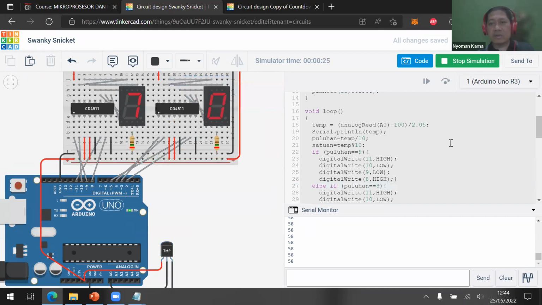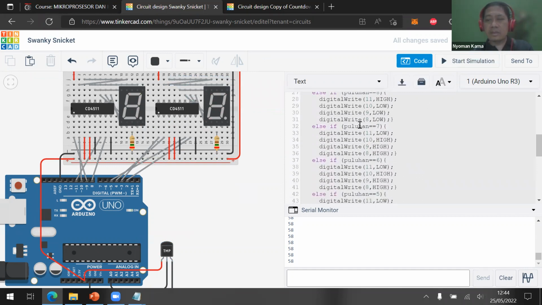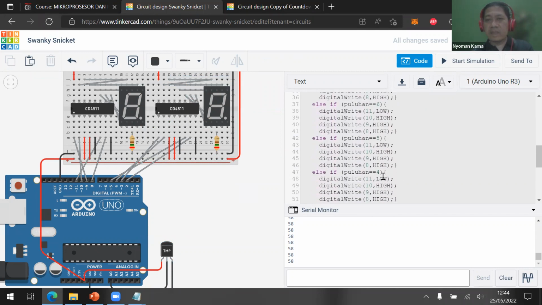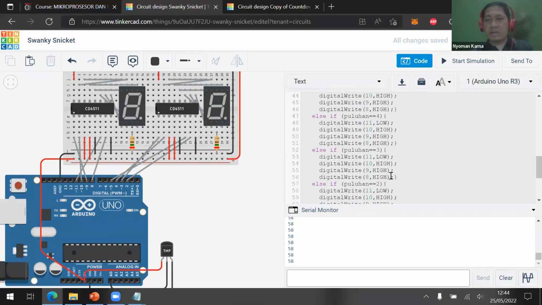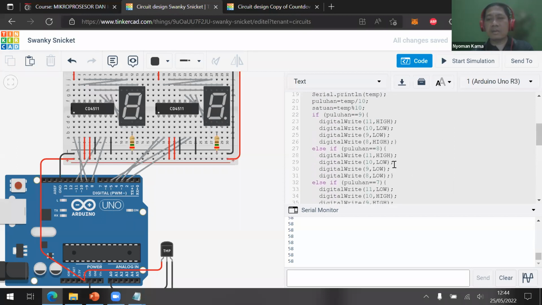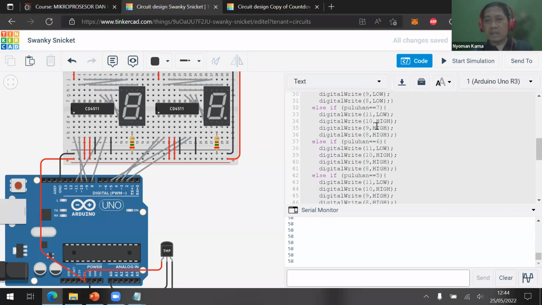So something is still wrong. 7, 6, 5, 4, 3, 2. Ah, I forgot to modify the values, low and high.